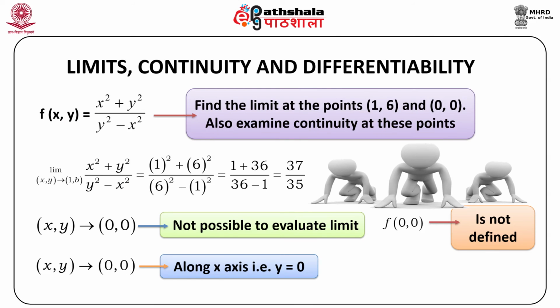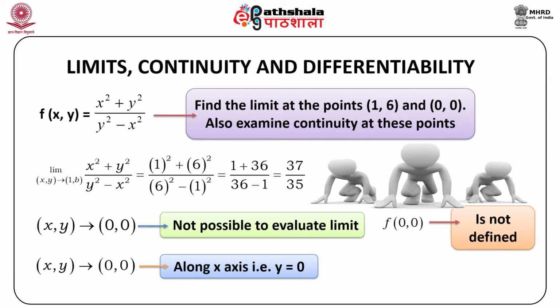Example: find the limit of f(x, y), which is equal to (x square plus y square) upon (y square minus x square), at the points (1, 6) and (0, 0). Also examine continuity at these points.